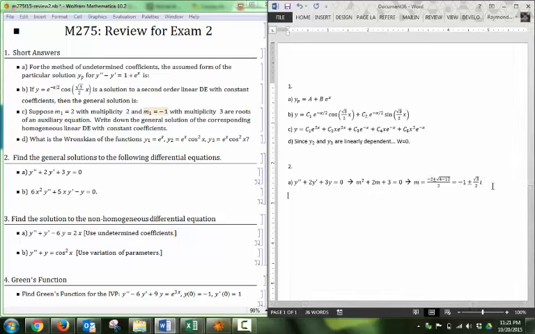And so what we're going to come up with here is a y1. Let's go ahead and jump to the general solution. y is equal to a constant times our y1.